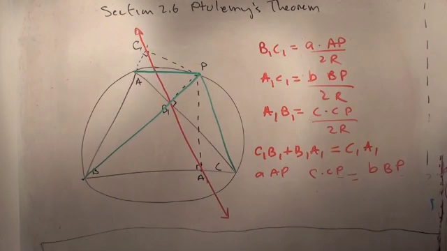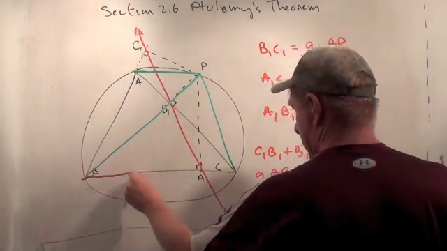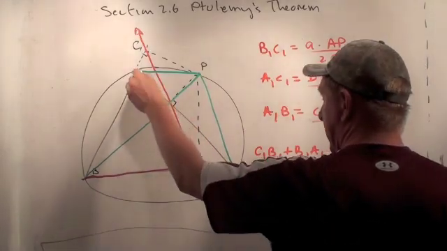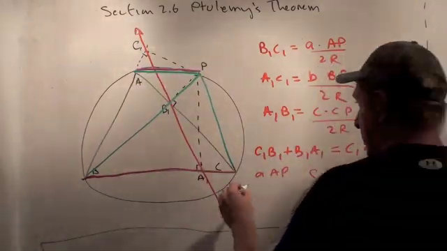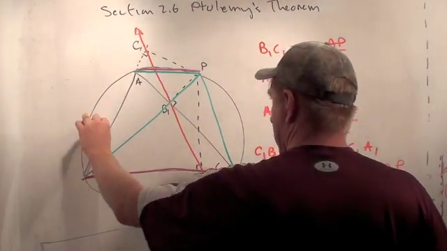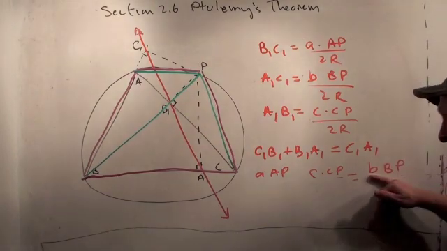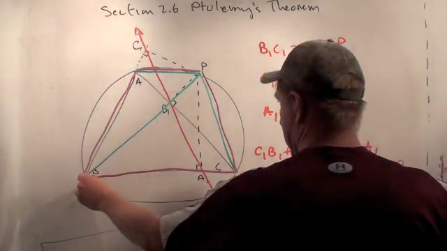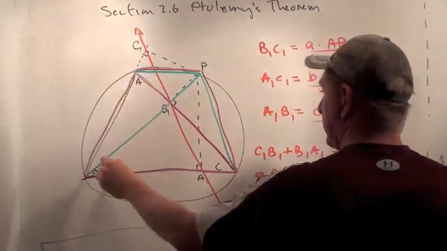How about purple? A times AP plus C times CP equals B times BP.